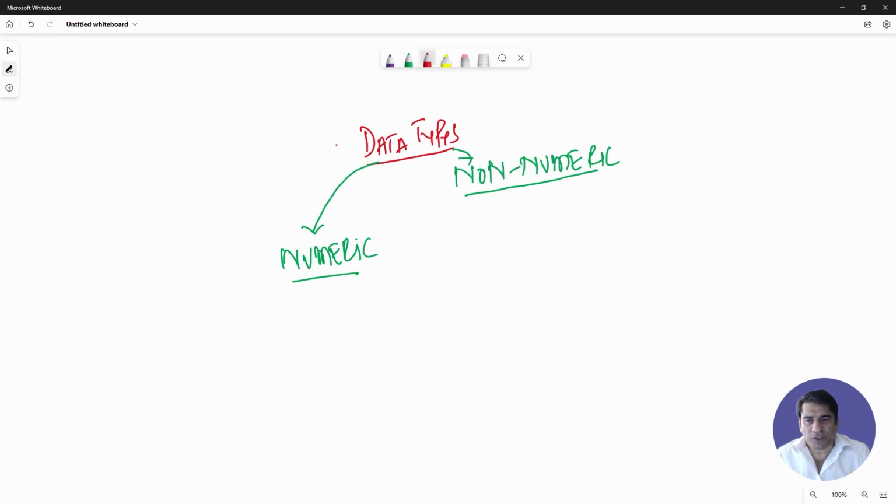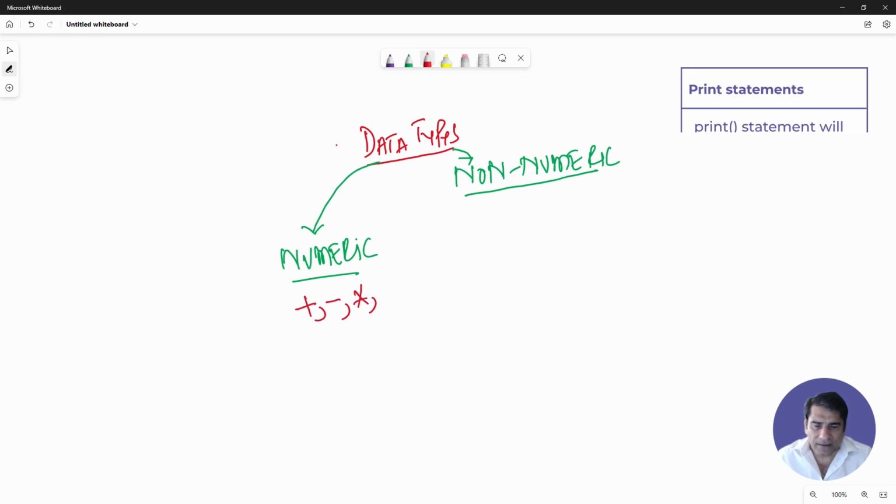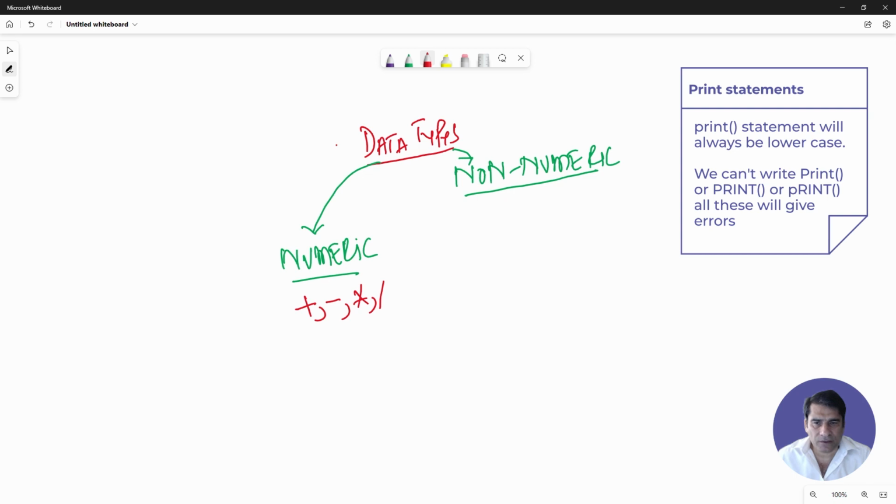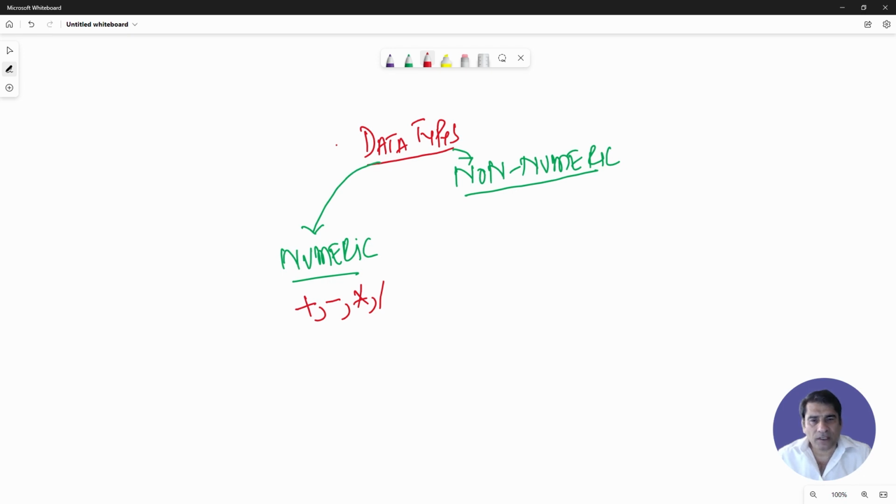My friends, numeric data is data which we can use in mathematical operations. The data on which we can do mathematical operations is called numeric data, and the data on which we cannot do mathematical operations is non-numeric. So the difference is the mathematical operations.